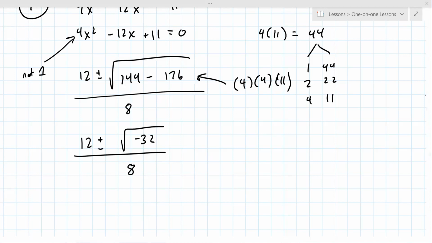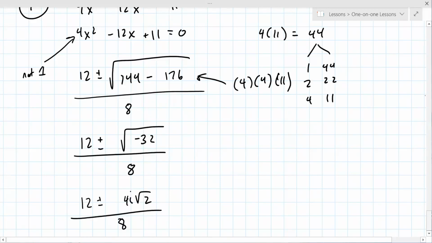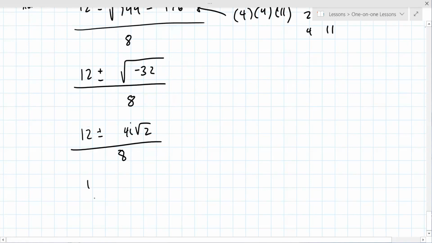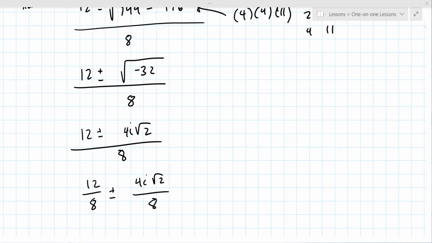So it's 12 plus or minus 4 i root 2 over 8, and then you divide each of these by 8. So we get 12 over 8 plus or minus 1 half i root 2. And I can simplify 12 over 8 as a fraction. It'll be just 3 over 2.